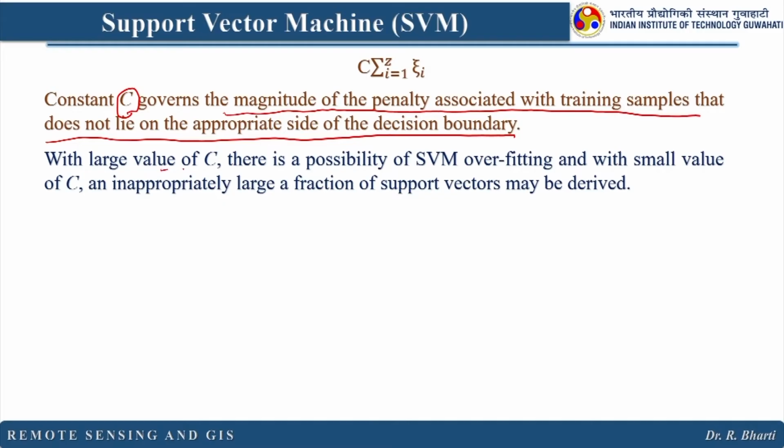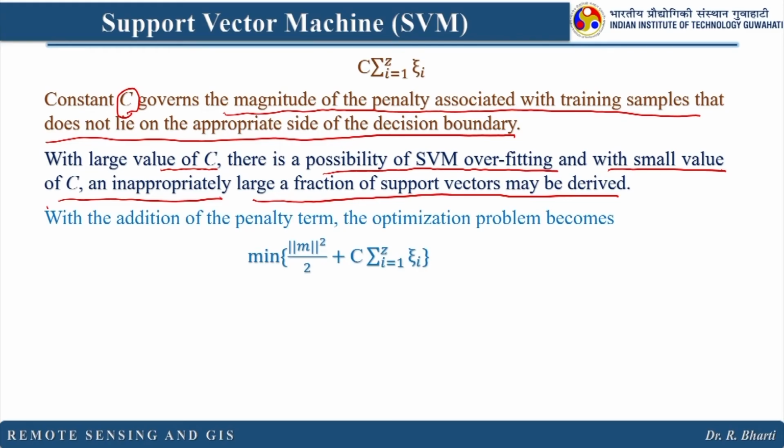With a large value of c, there is a possibility of SVM overfitting, and with a small value of c, an inappropriately large number of support vectors may be derived.